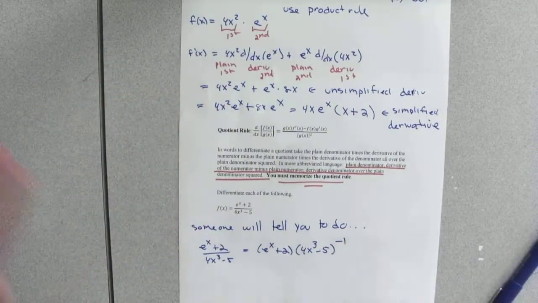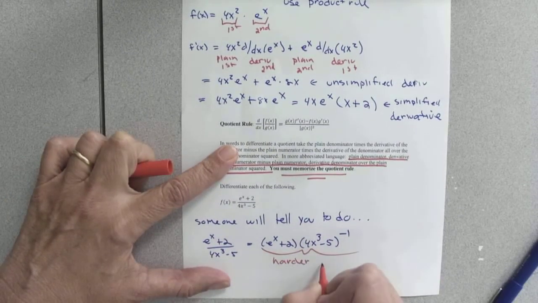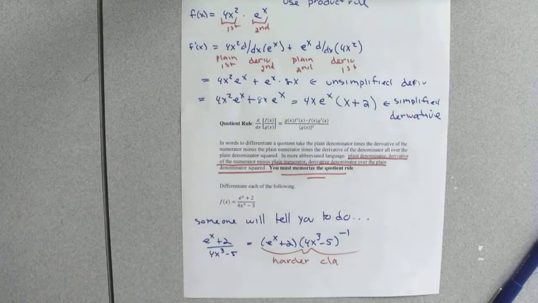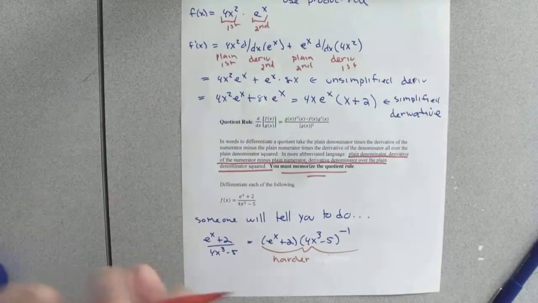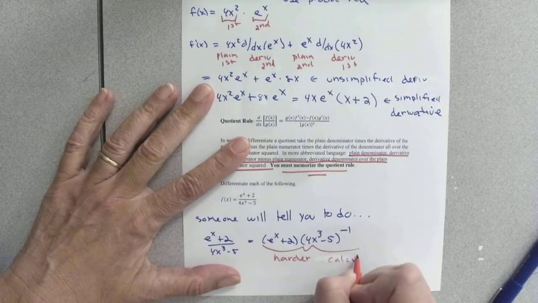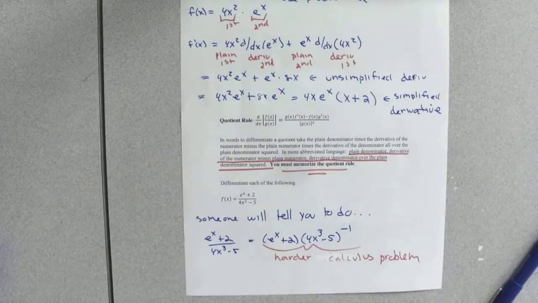But this is a much harder problem. This is a harder calculus problem. That's not how you spell calculus. So don't do that. It's not that that's untrue. That's a true statement. But that makes for a harder calculus problem. There will be one time where you do want to do that, but this isn't it.